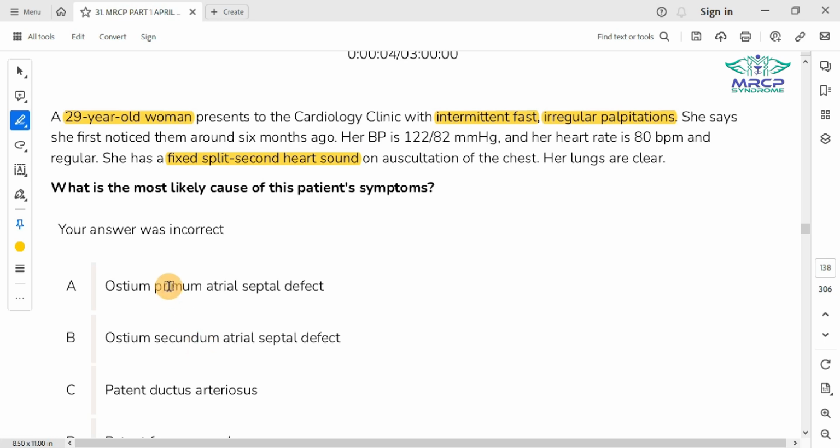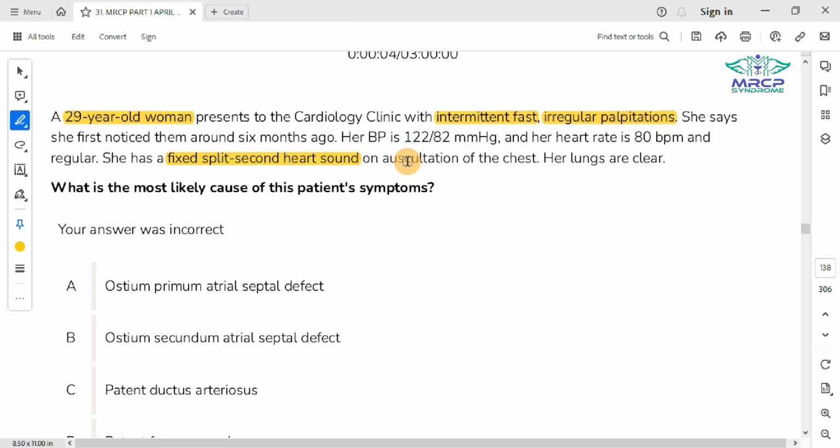So primum will have the left axis deviation. LAD is the ostium primum, and RAD, this is the ostium secundum. And in the original recall, they give almost a similar picture. Patient comes up with the features of worsening shortness of breath, reduced exercise tolerance, irregular palpitation.